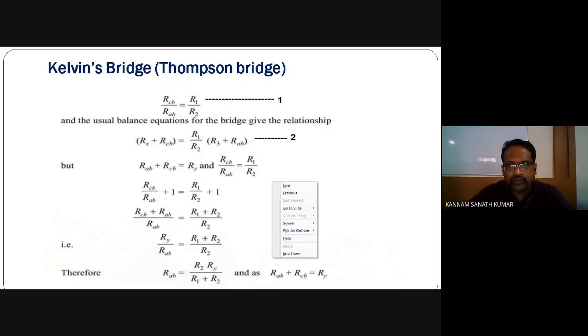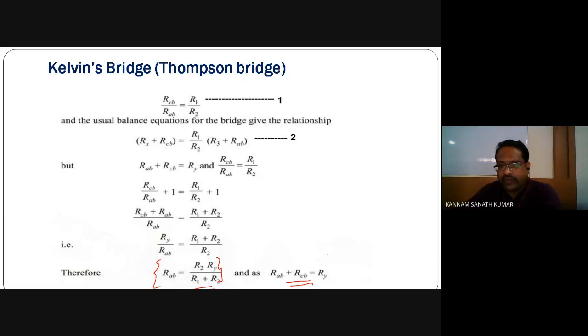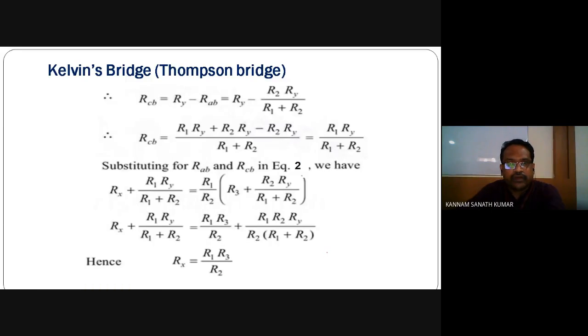So you got this relation. RAB equal to R2 into Ry by R1 plus R2, and as the lead resistance, RAB plus RCB equal to Ry.